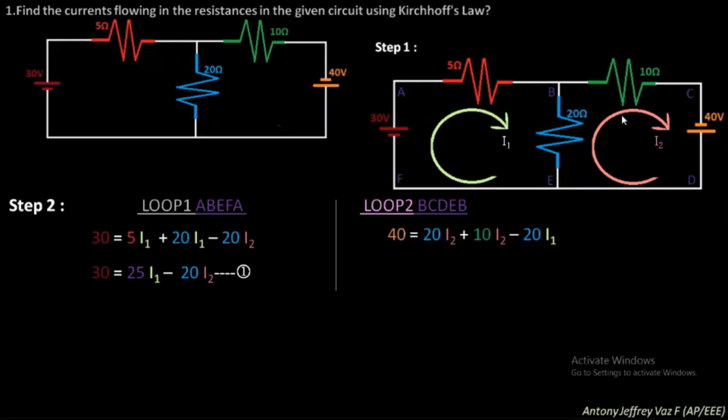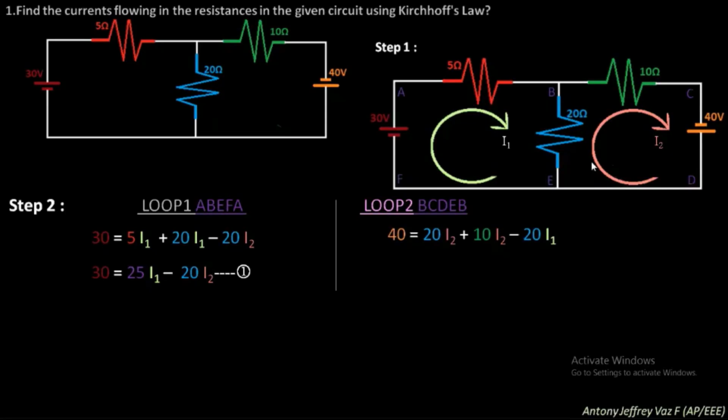Similarly, here the I2 current is also flowing from the negative terminal towards the positive terminal of the battery. So we are getting plus 40 volt equals 20 I2 plus 10 I2. These two are the same, because by Ohm's law, 20 into I2 is the voltage drop, and another 10 into I2 is the voltage drop over here.